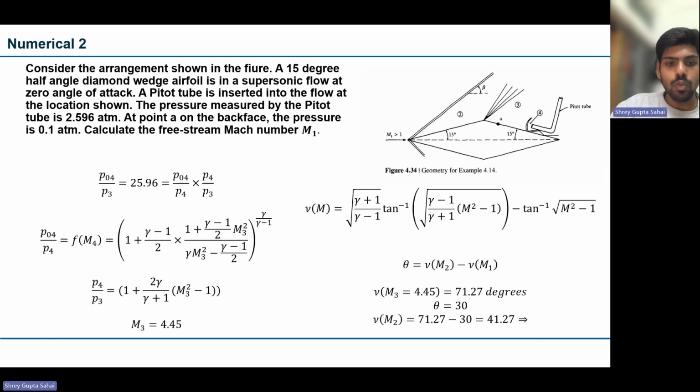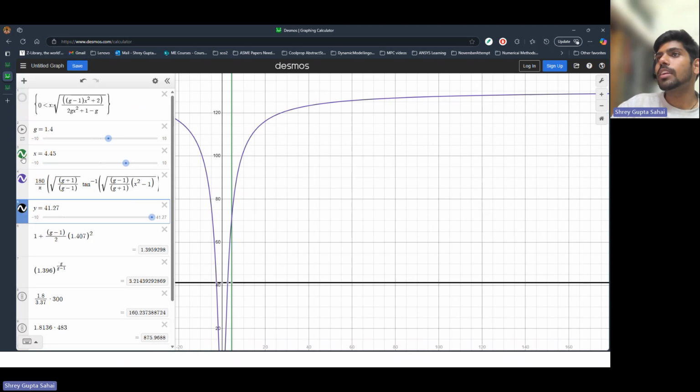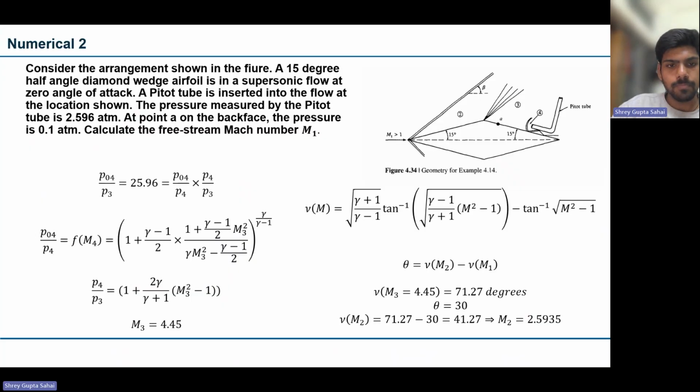If we go back and calculate the value for 41.27, we get a Mach number of 2.593. So M2 is 2.5935.